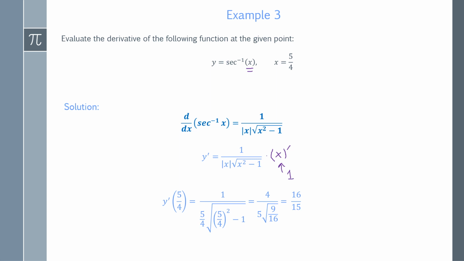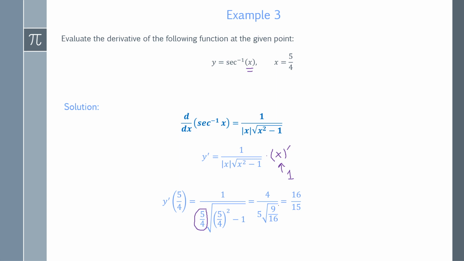Okay, so what is the next step? We're going to evaluate our derivative at 5 over 4. So I carefully plug in 5 over 4 everywhere I see x in my expression. So here's 5 over 4 in front of the radical. And then under the radical, we have 5 over 4 squared minus 1, which is 25 over 16 minus 1.